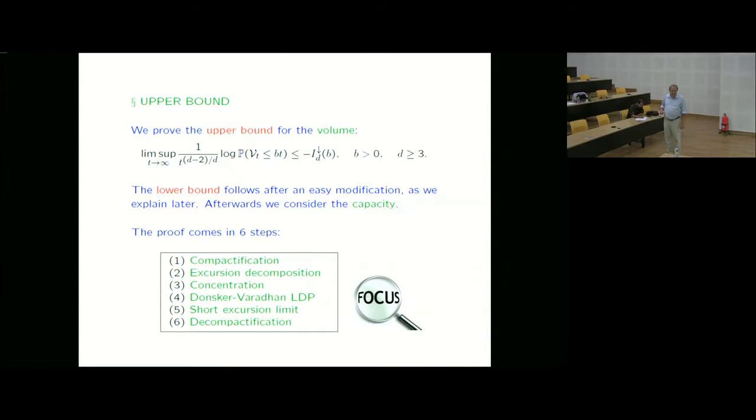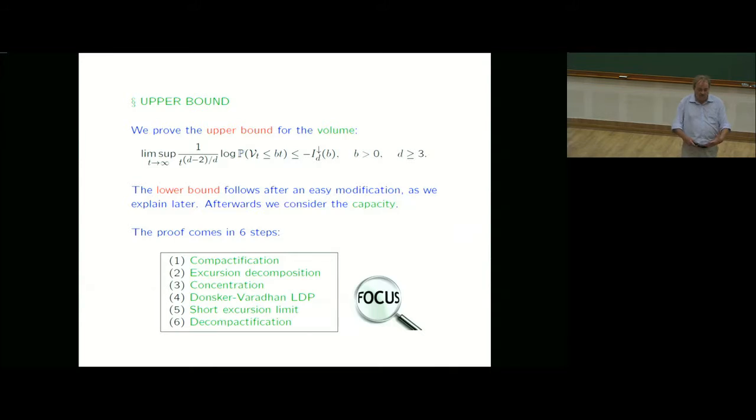And then we are left with a somewhat complicated analytic expression, of which we have to take a limit when the excursions become very short, and then this complicated looking expression will reduce to something much simpler, and that will exactly bring us to the rate function that we're looking for. And then finally I have to say, okay, I did this all on a very large box. Now what happens when the box goes to infinity, because I was originally living on R^d and not on a big box in the lattice.